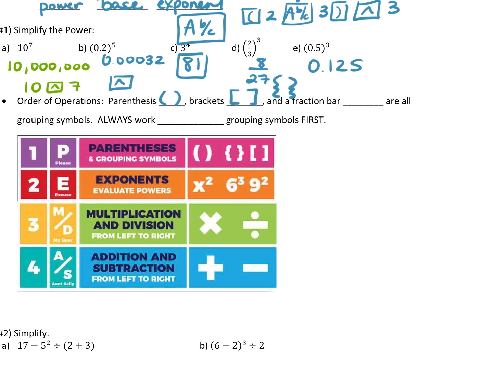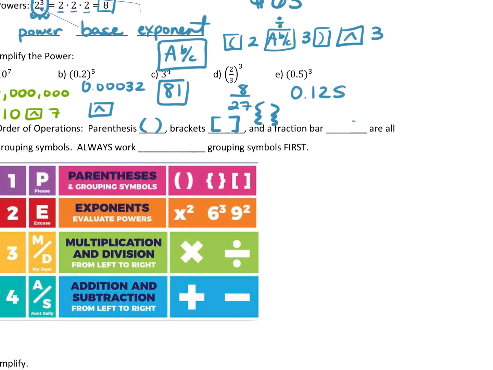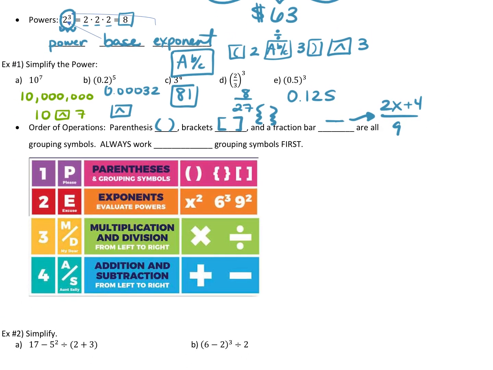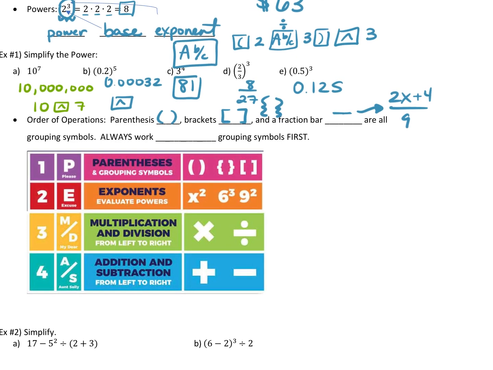And a fraction bar is the one that goes this way. So you'll have like 2x plus 4, a fraction bar, and 9, right? That's this. That's your fraction bar. It's division, but it's not a division sign. It's the bar. All 3 of those things we treat as grouping symbols, as parentheses, if you will.